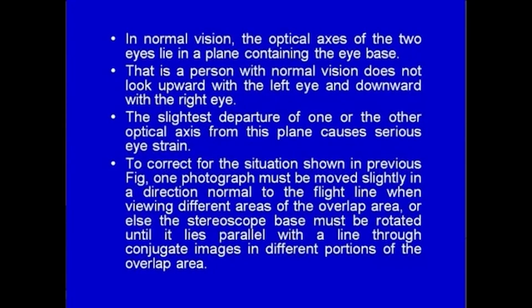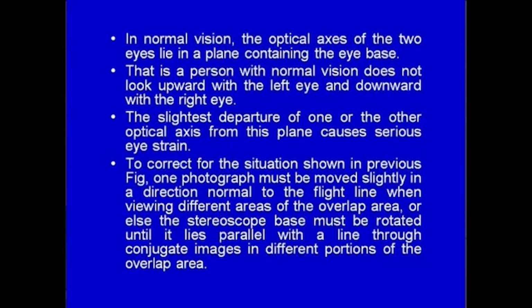In normal vision, the optical axes of the two eyes lie in a plane containing the eye base. That is, a person with normal vision does not look upwards with the left eye and downwards with the right eye. The slightest departure of one or the other optical axis from this plane causes serious eye strain.